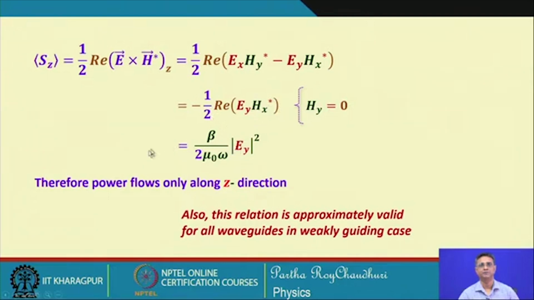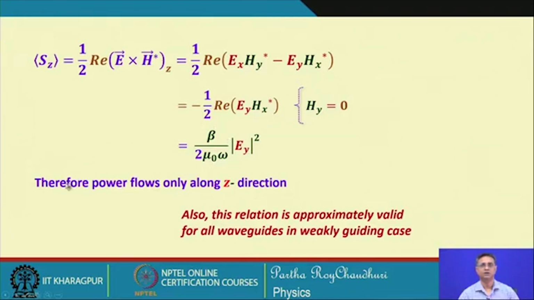Then if we translate H x using that relation, you can write this equal to beta by twice mu naught omega E y mod square. So, this is the power flow along z.